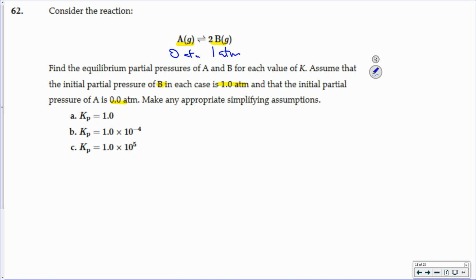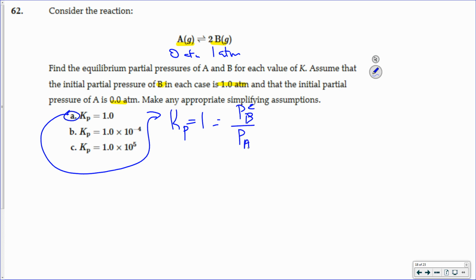So K sub P is equal to 1, which is equal to the partial pressure of B squared divided by the partial pressure of A. We still need to think about this in terms of the ICE table.